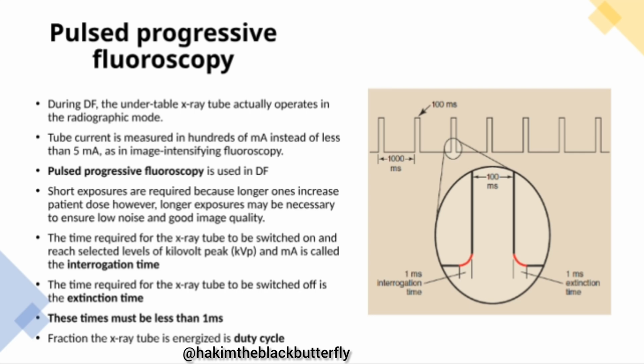Or we can do progressive short bursts of exposures, meaning that you create some time difference in between the exposures. By doing that, we are decreasing the overall exposure to the patient and also to the radiologist.